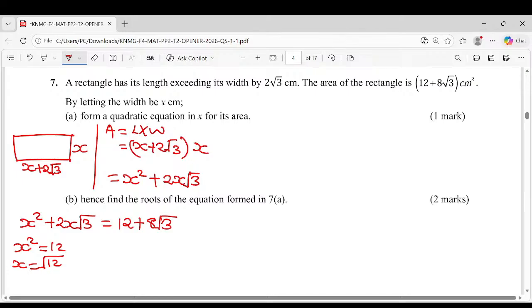I'm trying to see, should we do it this way, or I can move this one to the other side and get it done. Hence find the roots. We need to have this one solved. So the first case, we have x equals root 12.